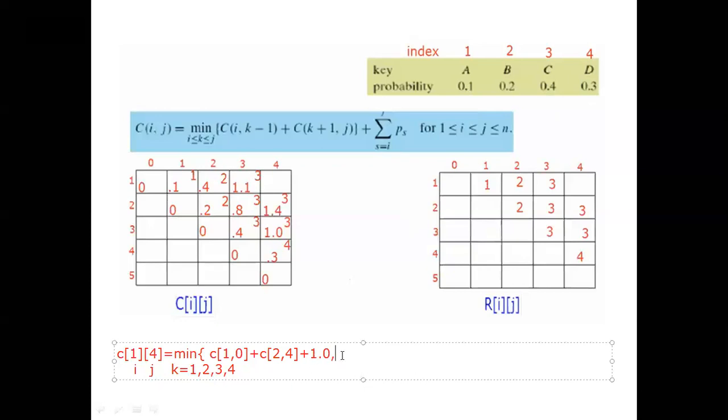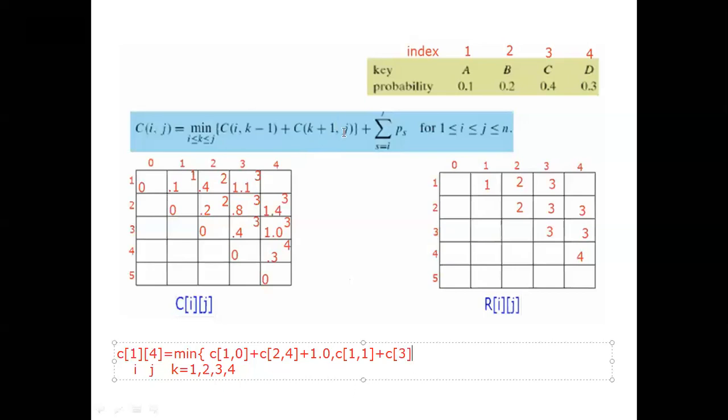Next we should do for K is equal to 2. C of, what is the I value again? I is formula I am using. I value it is 1, comma, K minus 1. What is the current K? K is 2. 2 minus 1 it is 1, plus C of, what is K plus 1? K value it is 2, that is 3.